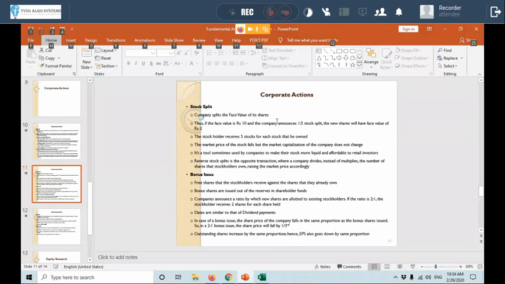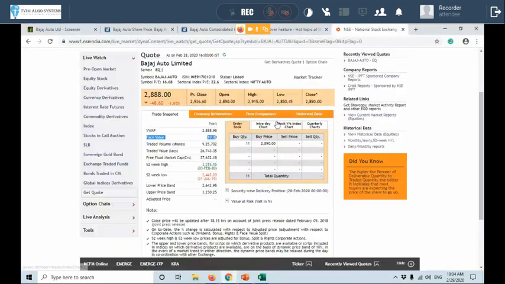So basically the new face value will be 2 rupees, 10 divided by 5. So if Bajaj Auto decides to split the stock 1:5, the current face value of 10 rupees will now be 2 rupees.